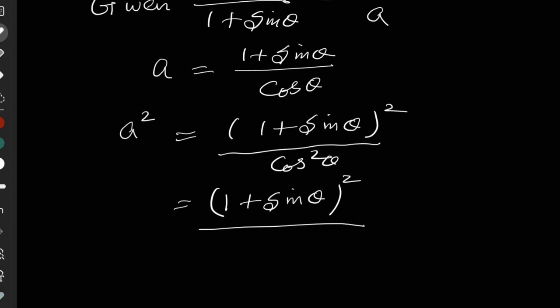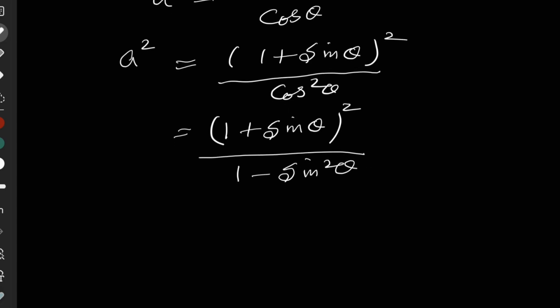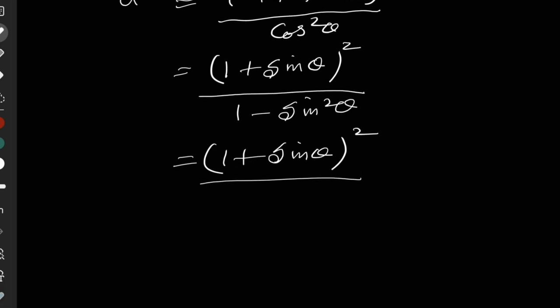What I do, I write cos squared theta as an identity 1 minus sin squared theta. And this is a square minus b squared. So numerator you write just as it is. Denominator a square minus b square, 1 square minus sin squared theta. So 1 plus sin theta into 1 minus sin theta.